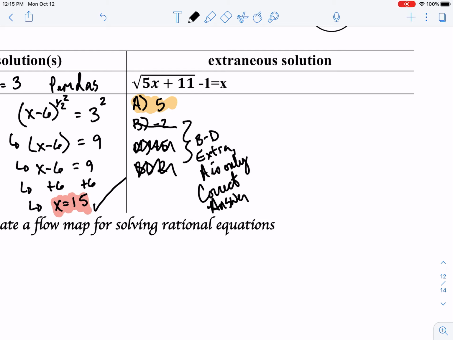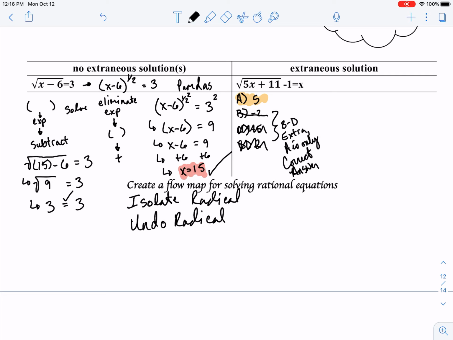In short, what we want to do is isolate the radical, undo the radical, solve for variables. It may look kind of short and sweet, but depending on the types of questions, it could be a little bit of work.